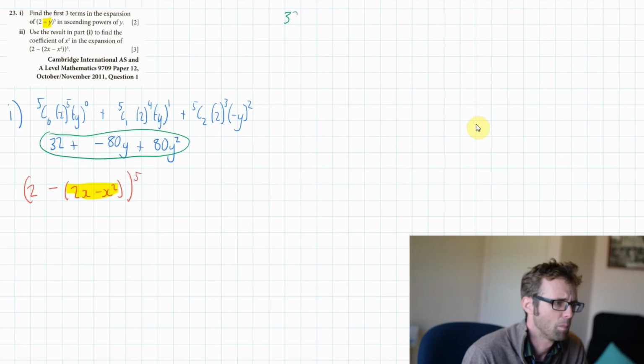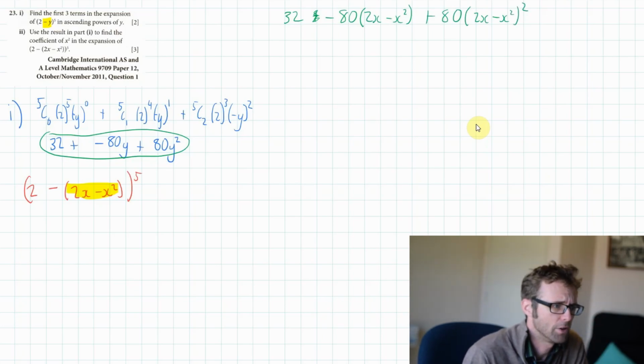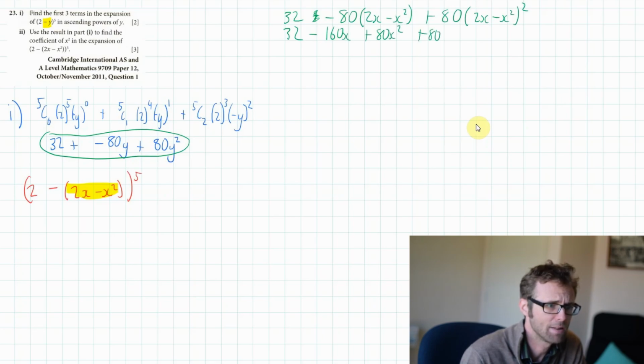32 plus minus 80y, so just minus 80, and then I'm going to pop in my highlighter, 2x minus x squared, and then I'm going to pop in 80, and I'll pop in the highlighter here, 2x minus x squared, squared. Okay, so next line, 32 minus 160x plus 80x squared plus 80, and I'm just going to expand this bracket at the end here.